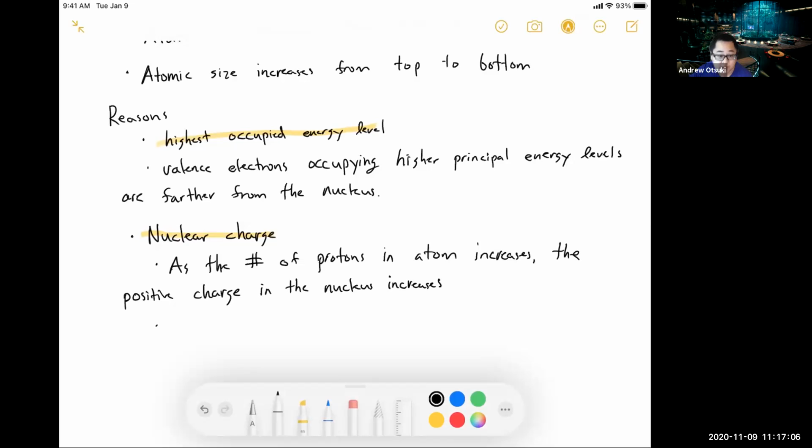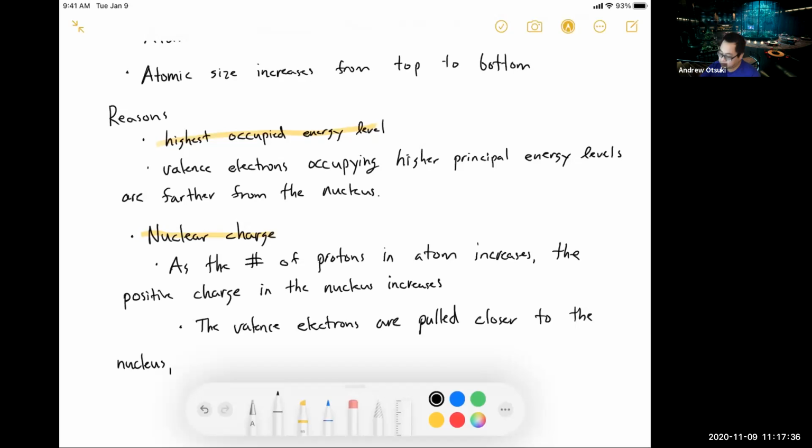So what this means is the valence electrons are pulled closer to the nucleus, like I said in my earlier explanation. And that will shrink the size of the atom.